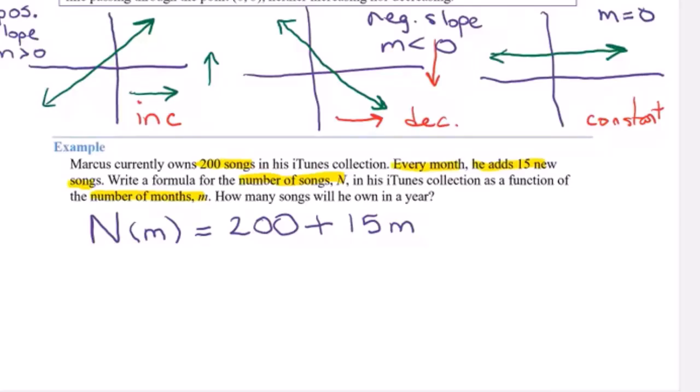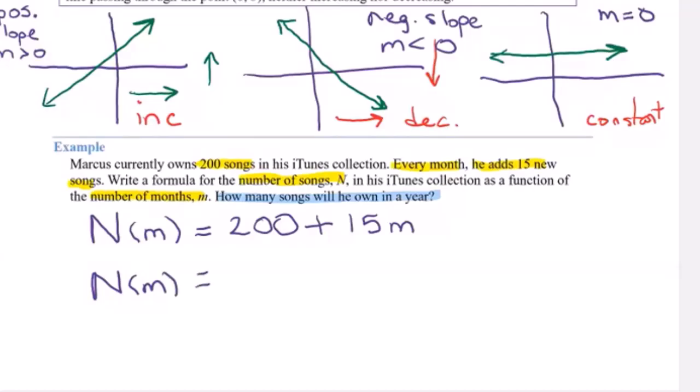Now, this is important because I haven't answered the question. And that's why I say always go back and read over. The question says, how many songs will he own in a year? So the question isn't what is the equation? The question is how many songs will he own? So what we do is we take our function n of m.